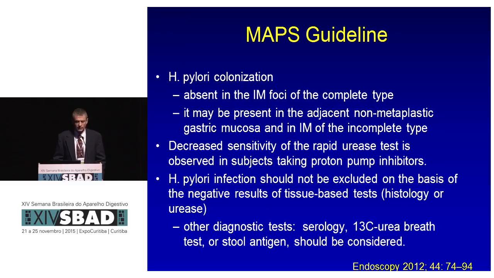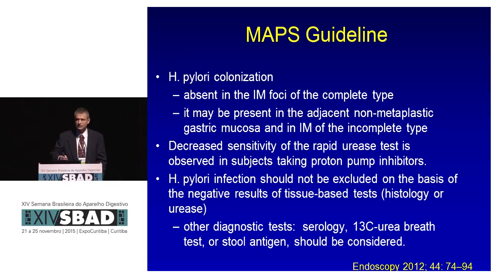I mentioned already that Helicobacter pylori may be absent in intestinal metaplasia foci, particularly of the complete type, but it may be present in areas adjacent to the intestinal metaplasia, which makes the diagnosis of Helicobacter pylori in patients with intestinal metaplasia difficult.